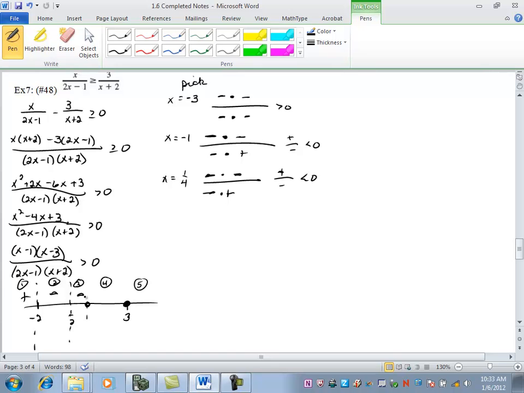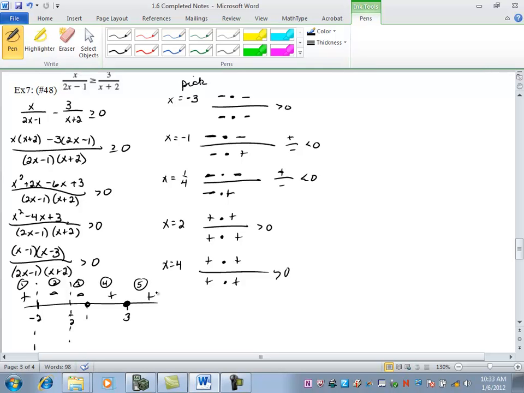And then if we look at x equal 2, we've got a positive and a positive here, so this is greater than 0. Then if we look at x equal 4, we've got a positive times a positive over a positive times a positive.